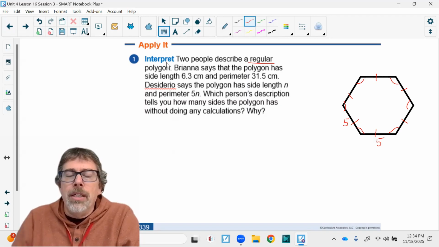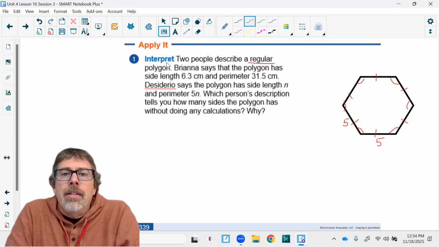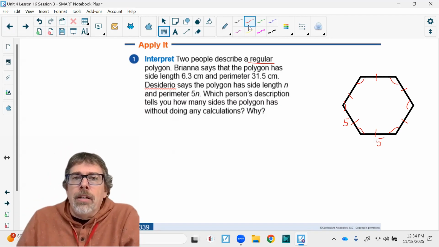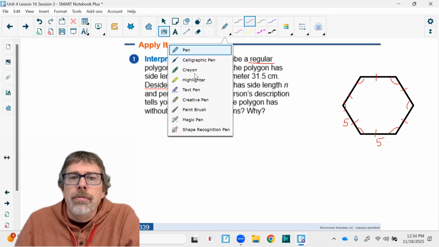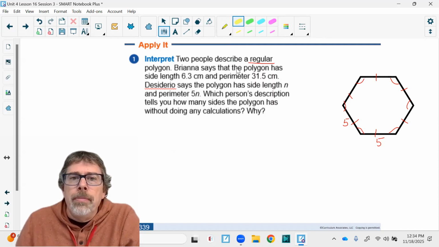That's what regular means. Brianna says that the polygon has a side length of 6.3 centimeters and a perimeter of 31.5 centimeters. I'm going to highlight this stuff.